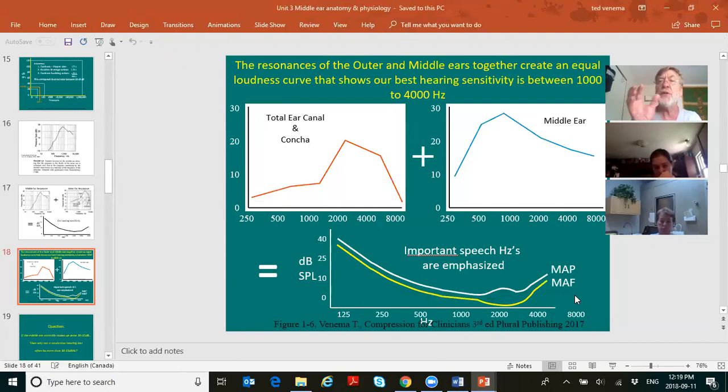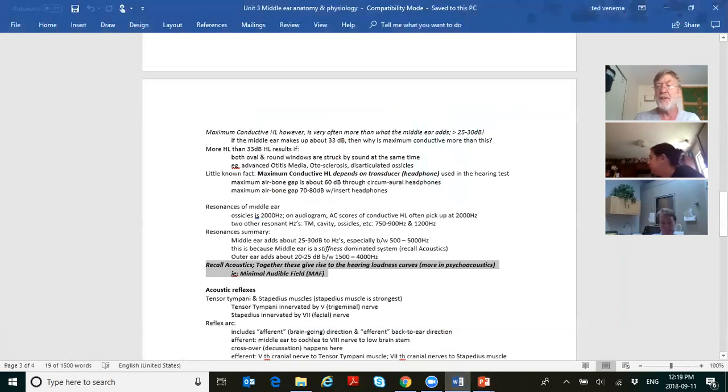And this is due to the resonances of the outer and the middle ears. We will cover more of this in other courses as we move on. But I'm giving you this introduction now because after the midterm, when we cover psychoacoustics in 110, we will be revisiting this very same slide. So this was just your first pass at it.